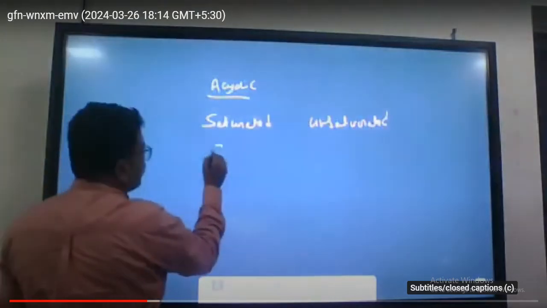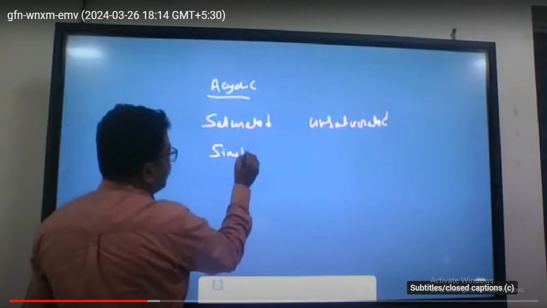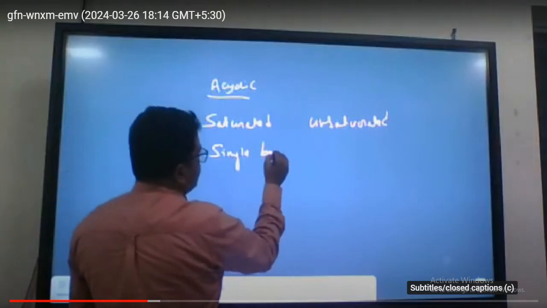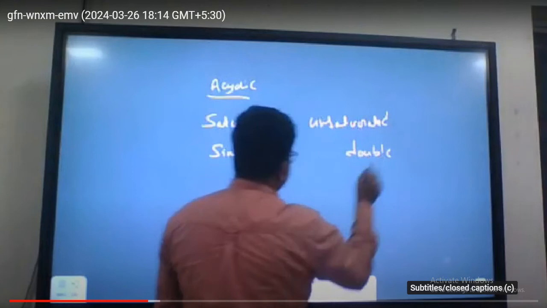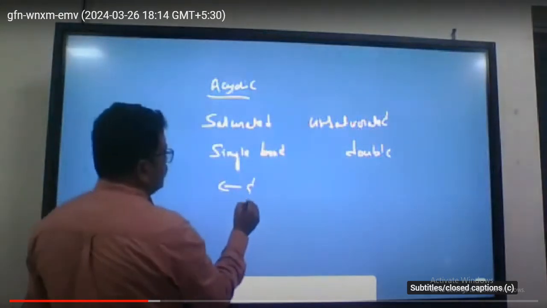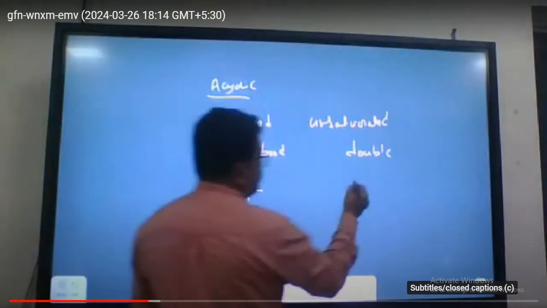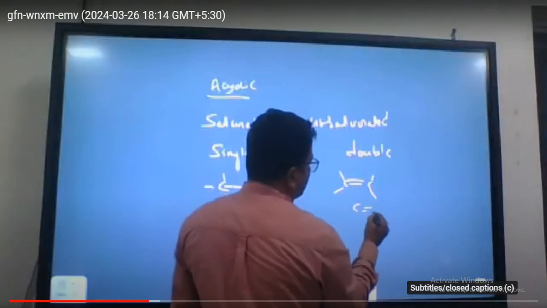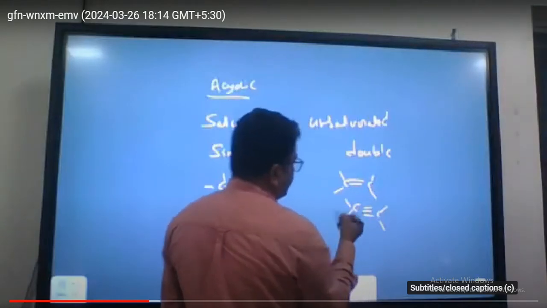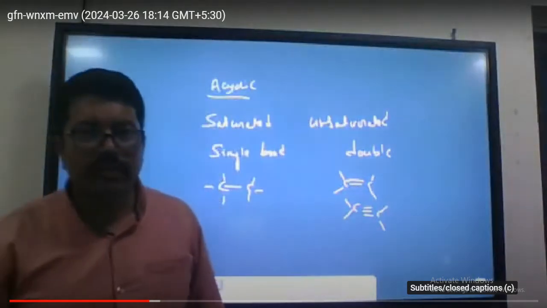Saturated means single bond. Double bond is called unsaturated. So this is saturated, but compounds with double bonds are unsaturated. These are all unsaturated and require hydrogen.